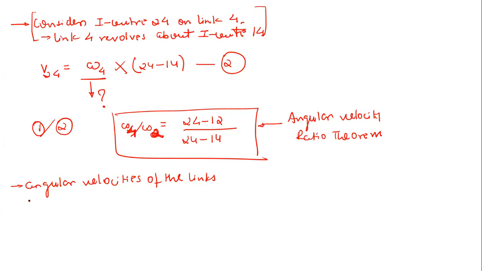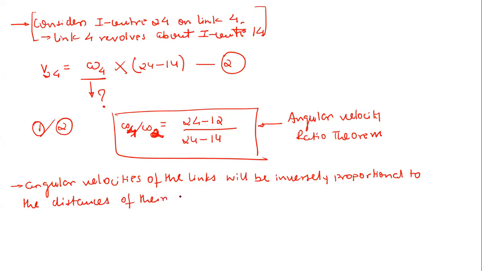Right. So now angular velocities of the links will be simply inversely proportional to the distances of their common I center from the corresponding centers of rotation.